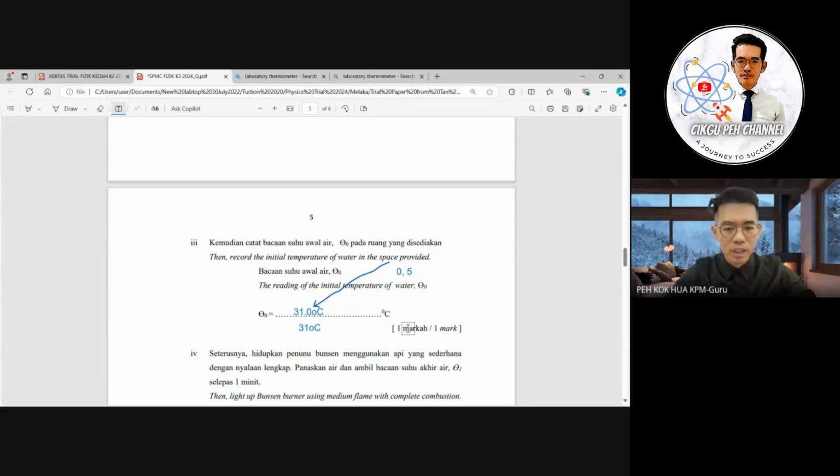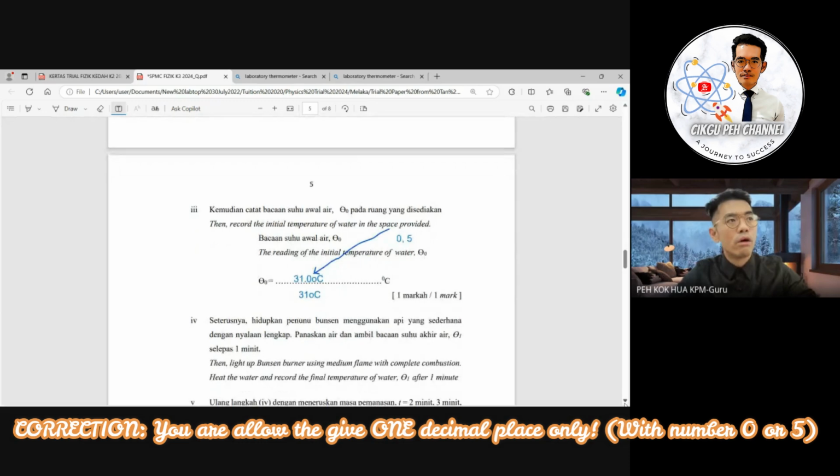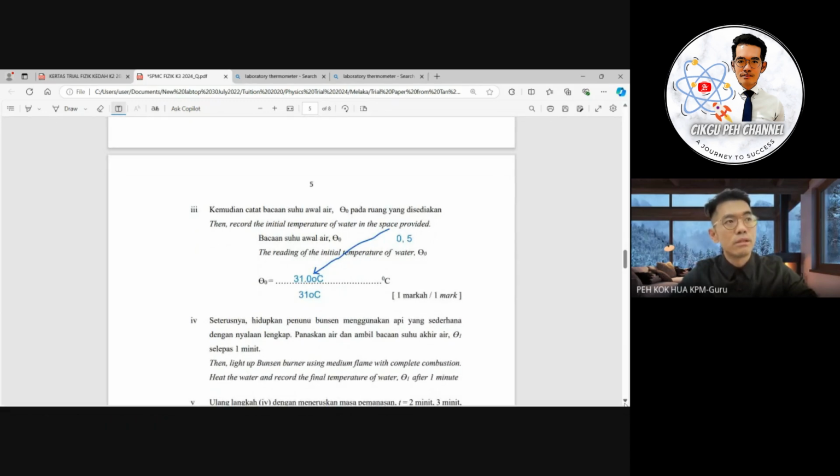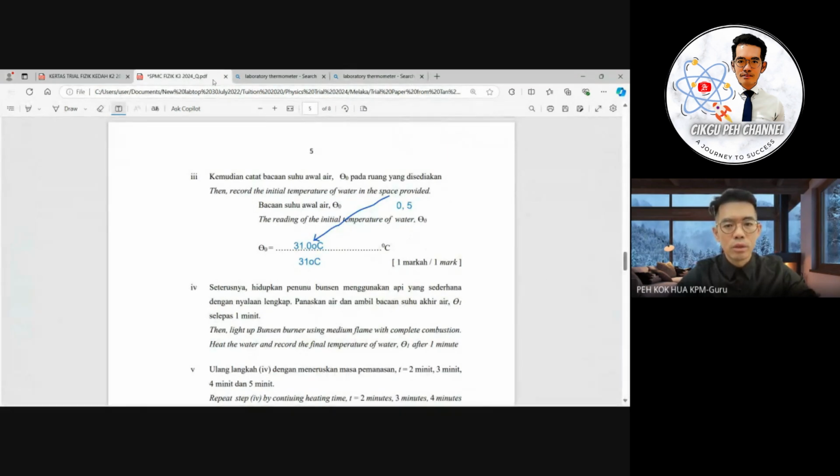If you want to give 2 decimal places, the second place will be only 0 or 5. If you give others it will be wrong. Do you all understand what it means? If you give 31.2, it is wrong.